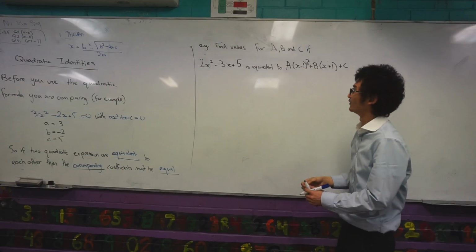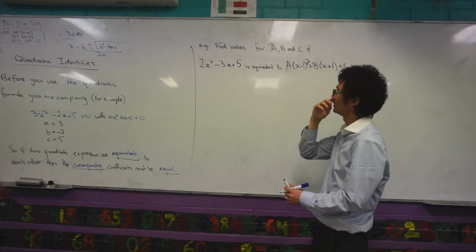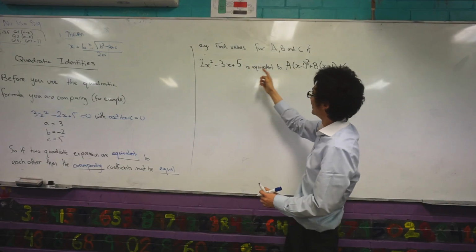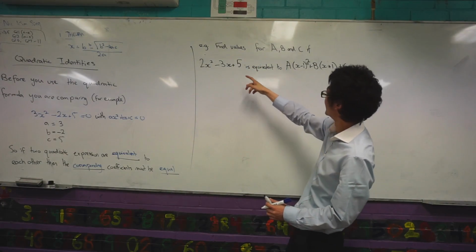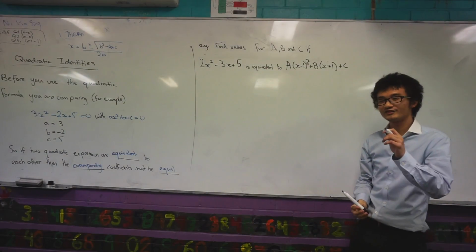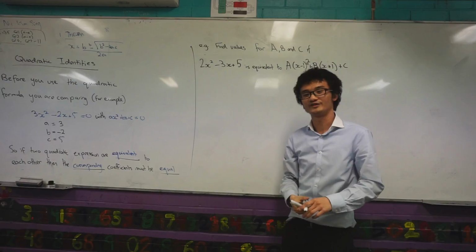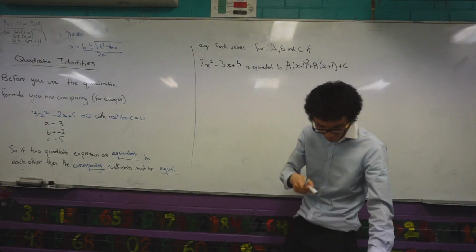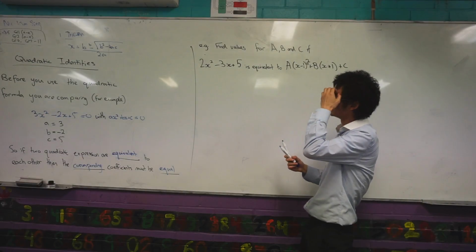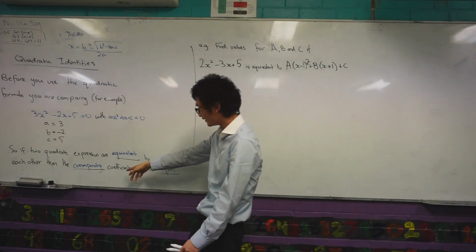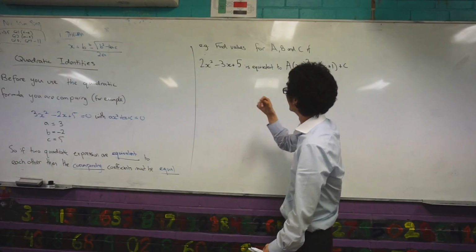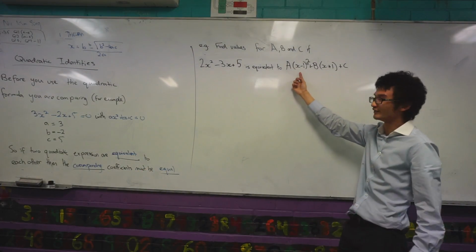Initially, the first thing you might want to do is say, okay, well that's easy then. I'll just do what I did over here. I've got a is 2, b is minus 3, and c is by itself, so that's 5. Have a think about why that's not quite the case. The reason why that's not quite right is, remember, what are we actually doing? We're comparing corresponding coefficients. So we're looking for the coefficients of x squared, but actually what you've got over here is not x squared.